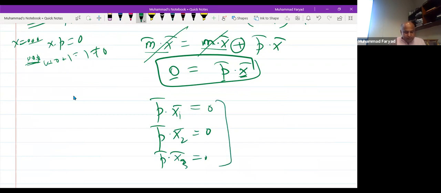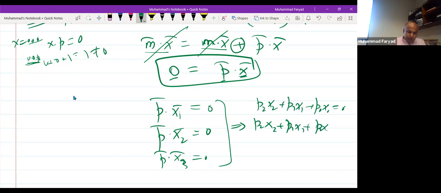From these equations, let me write it: p2 x2, p1 x1, p0 x0, and so on. But this x2, x1, x0 are bits of the first output, x1. This x2 is from the second output, and these are the bits of this third output.